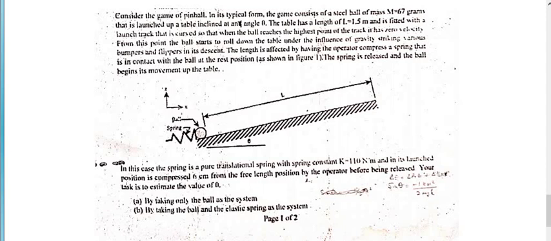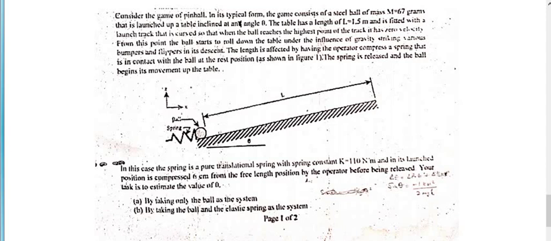The table has a length L, which is equal to 1.5 meters, and it is fitted with a launch track that is measured so that when the ball reaches the highest point of the track it has zero velocity. From that point, the ball starts to roll down the table under the influence of gravity, striking various bumpers and flippers in its descent.